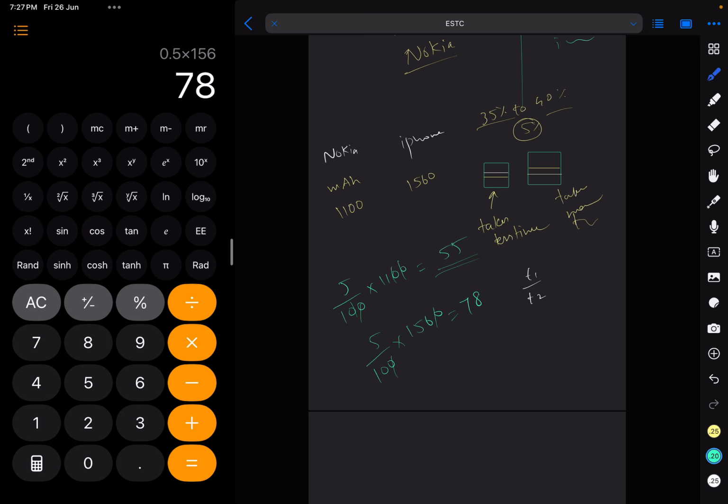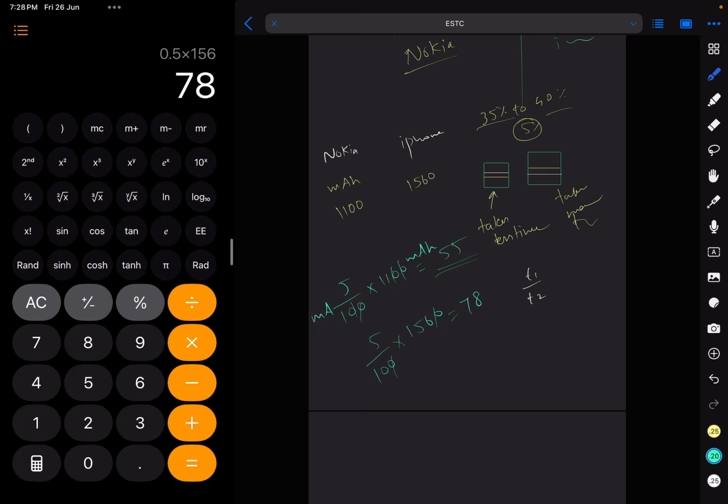Wait a minute. This is milliampere and this is milliampere hour. Let me think.